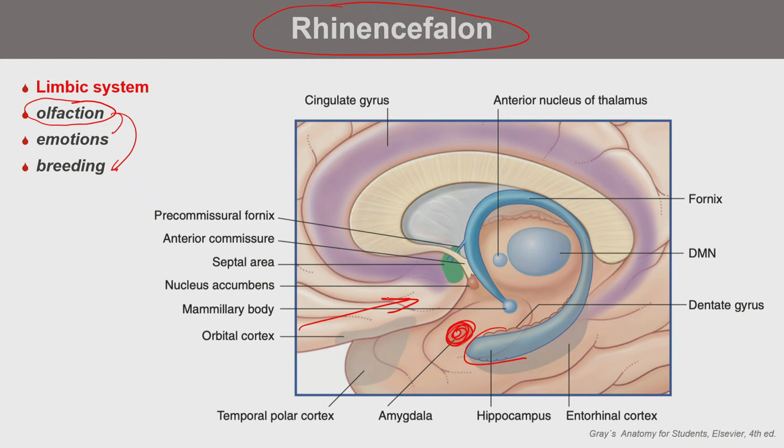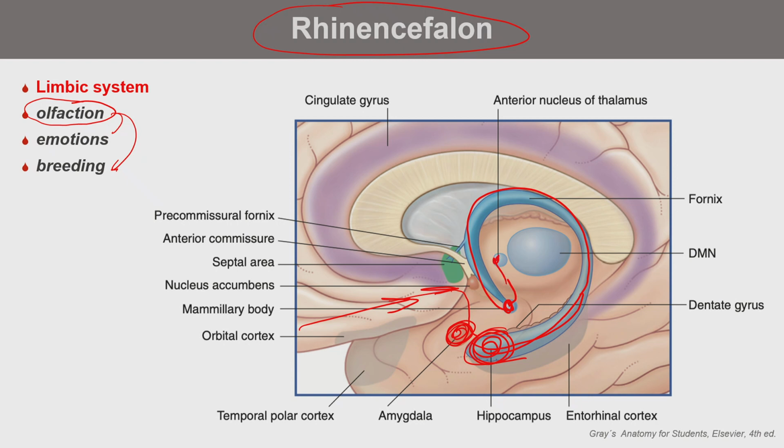And then this information about smelling is transmitted into those organs, and here we are able to perform some memory imprint, and then the information is transmitted into the diencephalon, and from the diencephalon in the mammillary body to the anterior nucleus of the thalamus.